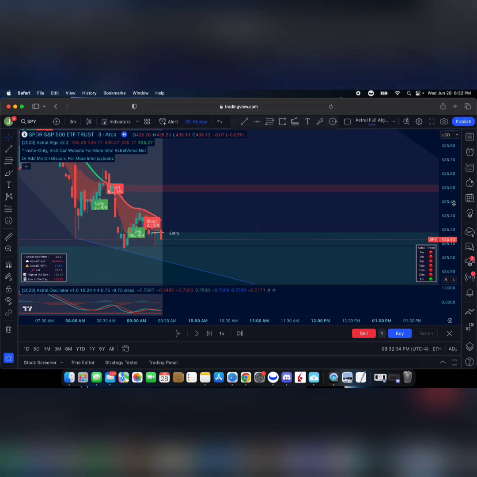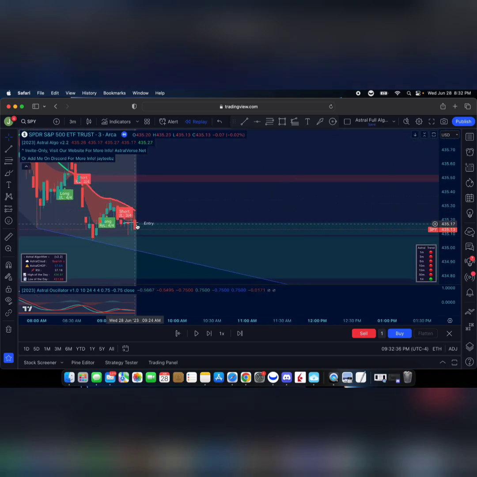I've learned this and it helps me do quick scalps and it shows me all what I need to know during the day. So pretend I put bar replay. This is today, it's Wednesday. So I'll let this play out.